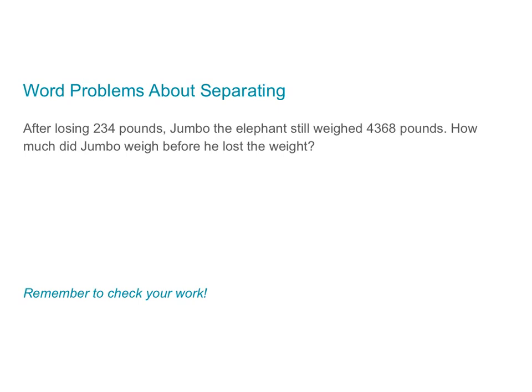What does that look like? Where does each piece of this problem go in an equation? After losing 234 pounds, Jumbo still weighed 4,368. How much did he weigh before he lost the weight? Pause right here, write an equation you think, and then you can check your work.